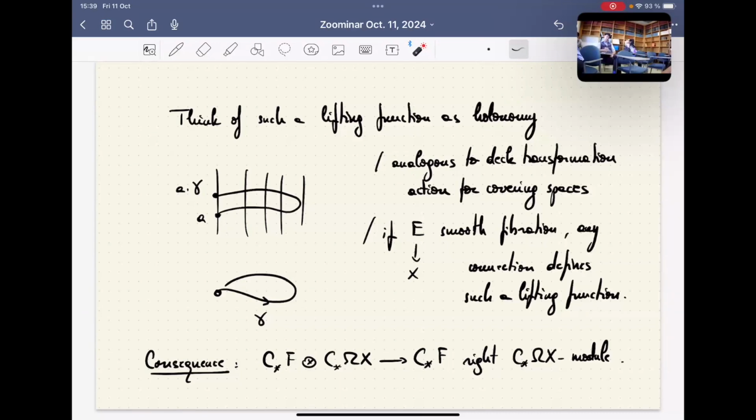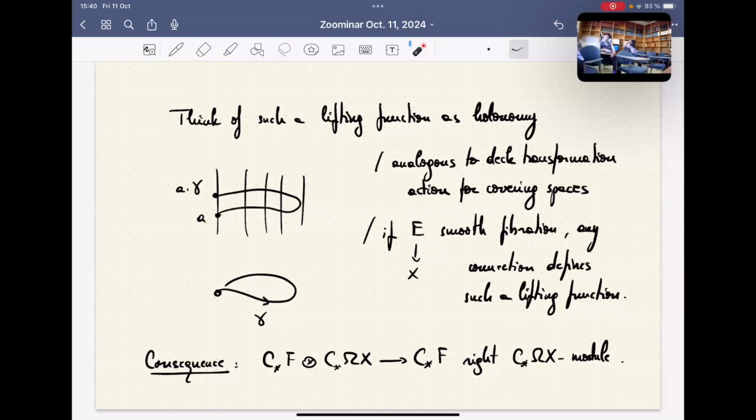And again, for those of you who are more geometrically minded, if, for example, I have a smooth finite dimensional fibration over a manifold X, any choice of connection, meaning at each point a plane that's transverse to the fiber, so a plane distribution transverse to the fiber, is going to give me a transitive lifting function, a way to lift the loops on the base to paths in the total space.